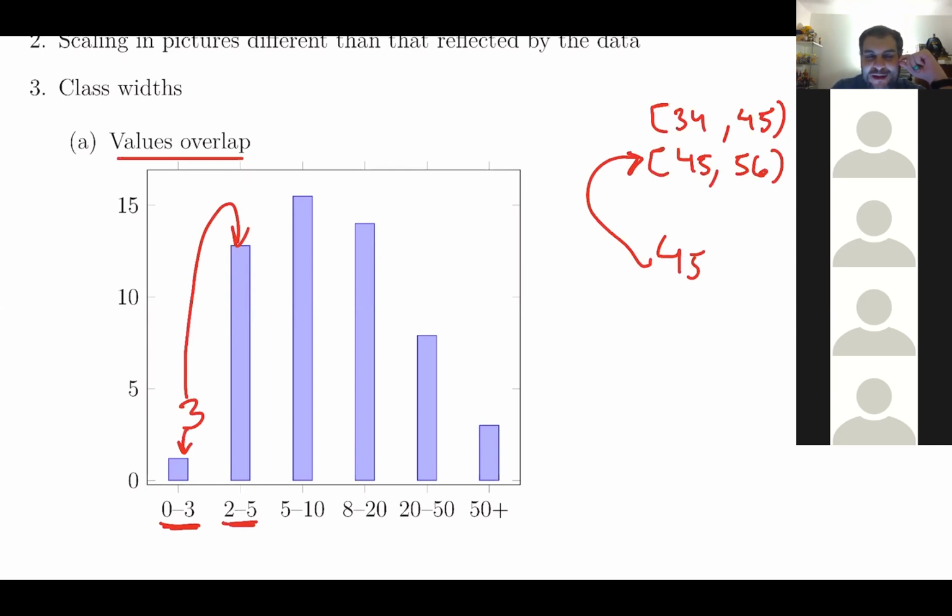You never really want overlapping values, because they're going to be counted double. Same thing for this 2 over here. If you have 8, 8s are going to get counted here, but also over here. All right, so that's one value overlap.